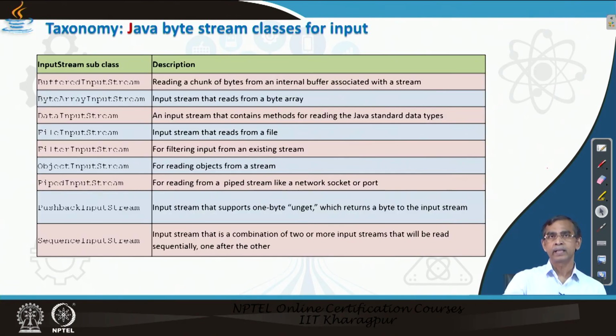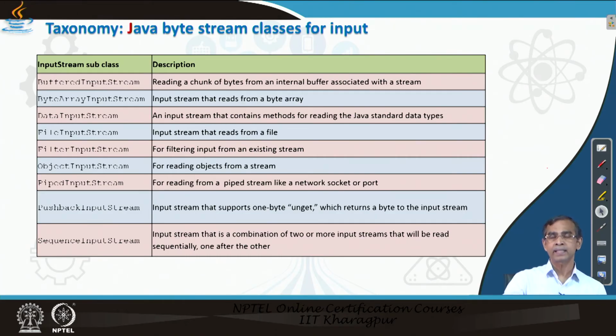As I told you, it has two types: input stream, or rather we can say input byte stream. This table lists whatever classes are there for input byte stream related things.